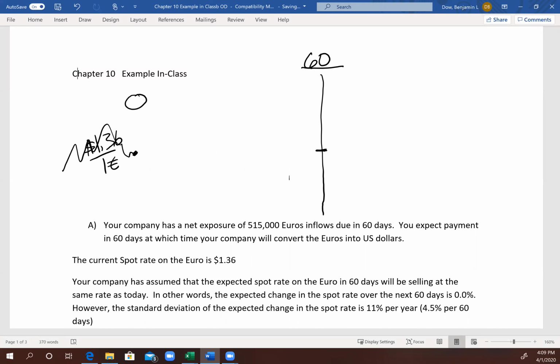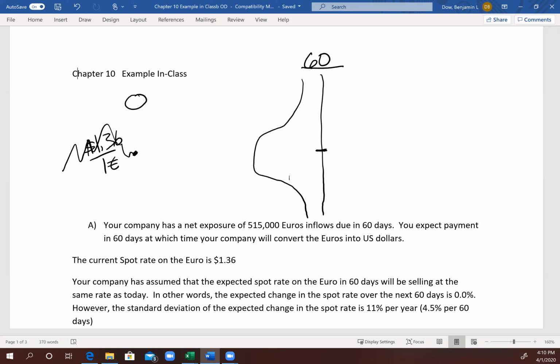If the euro is trading at $1.36 now, it could be trading at 10 cents or it could be trading at $3, but that's not really likely. So what we do is we go back and look at history and we see how volatile something is.